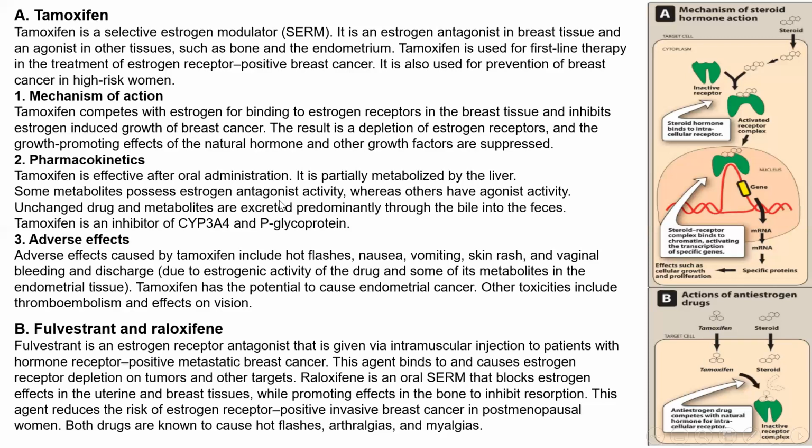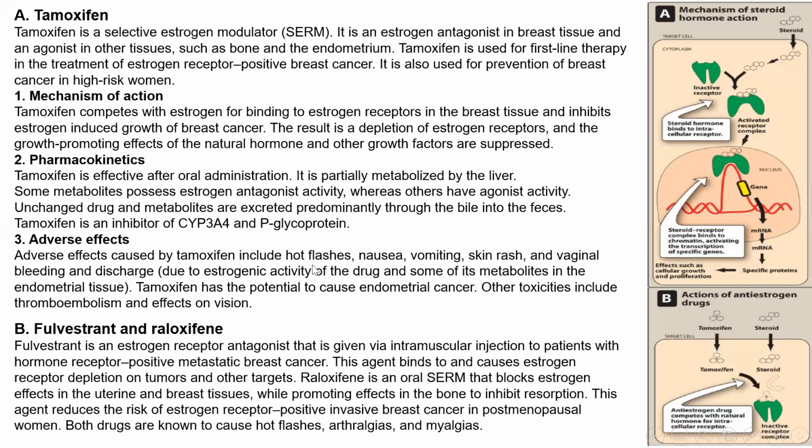Some of them have agonist activity, while others have antagonist activity, and this actually leads to the side effects associated with tamoxifen. The unchanged drug, in addition to the metabolites, is excreted in the bile and feces, and there is inhibition done by tamoxifen, mostly of cytochrome 3A4 and P-glycoprotein.